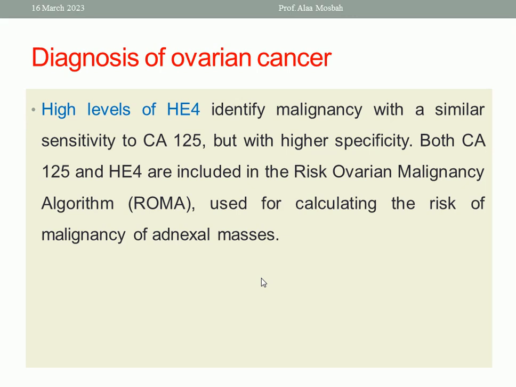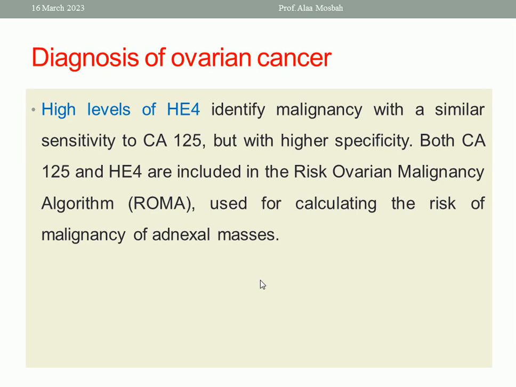So both CA125 and the HE4 are included in the risk ovarian malignancy algorithm. It's called ROMA. By the way, this ROMA, risk ovarian malignancy algorithm, is different in premenopause than in postmenopause.